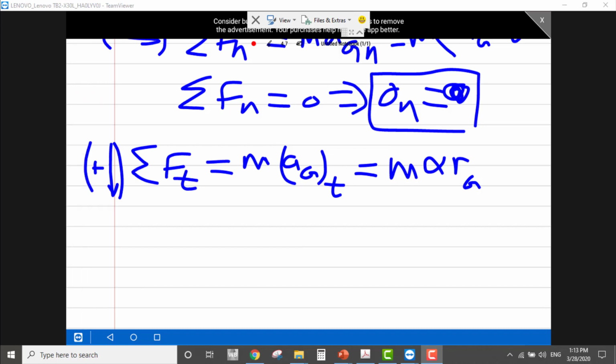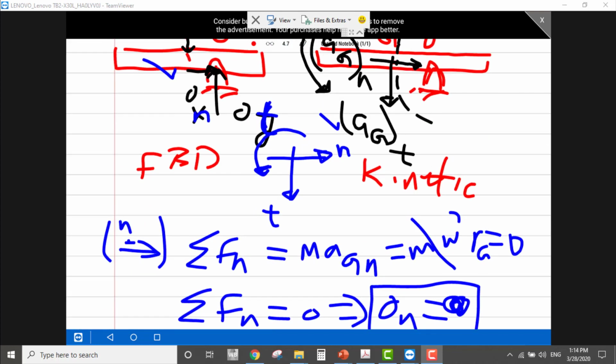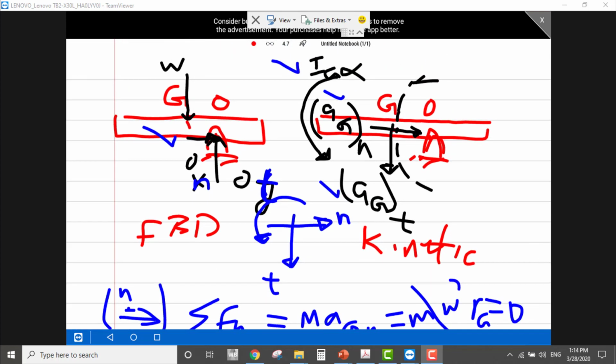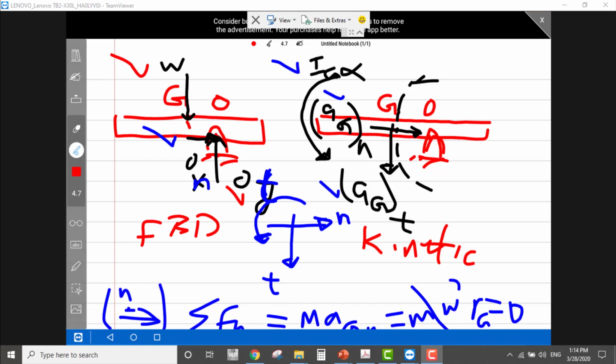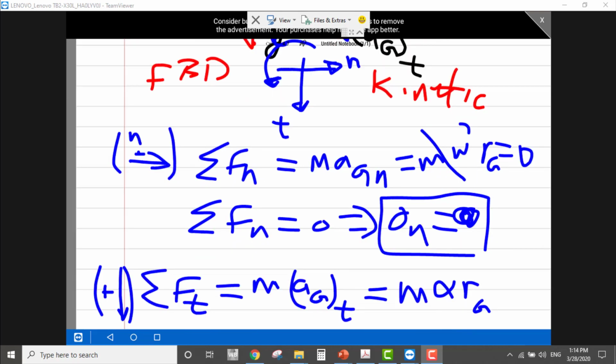So which force is directed toward the tangential direction? We have weight, and we have OT. Let me go back to the equation.